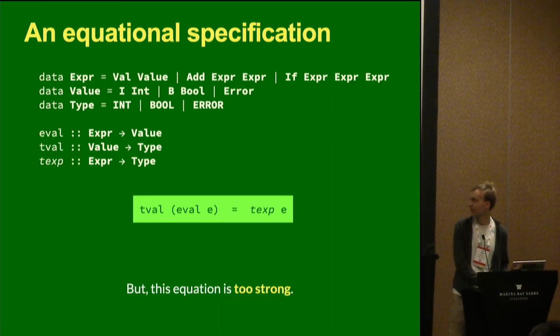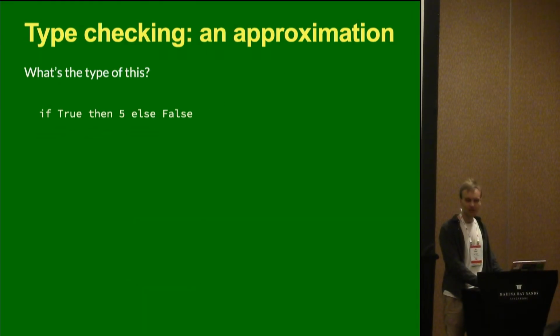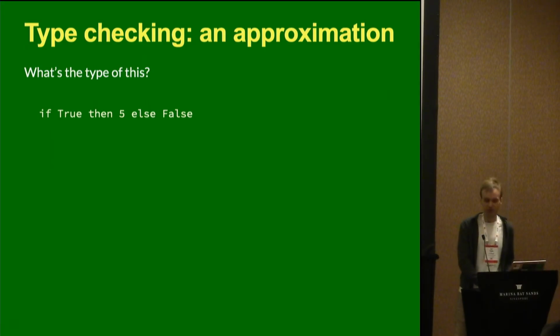You actually can't solve this, though, unfortunately. It's too strong of an equation. Some of you might have realized this already. The reason relates to this question. What is the type of this program here? If true, then 5, else false. In most languages, this is going to be a type error because the two branches have different types.